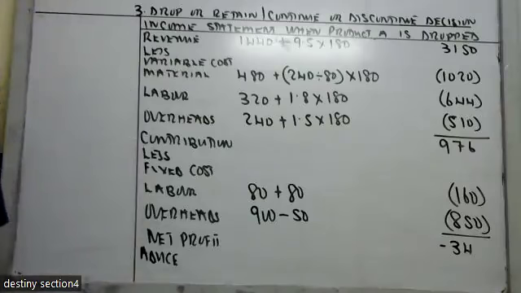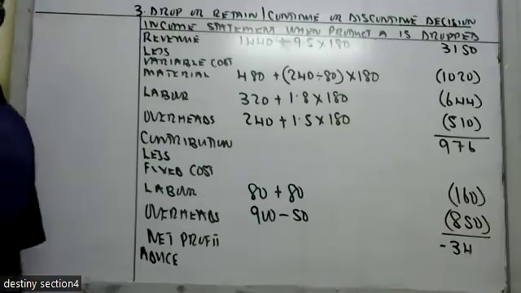They should retain product A. Why? It's always good to give the reason. They retain because the profit is still higher. Yeah, the profit is higher than when you drop.